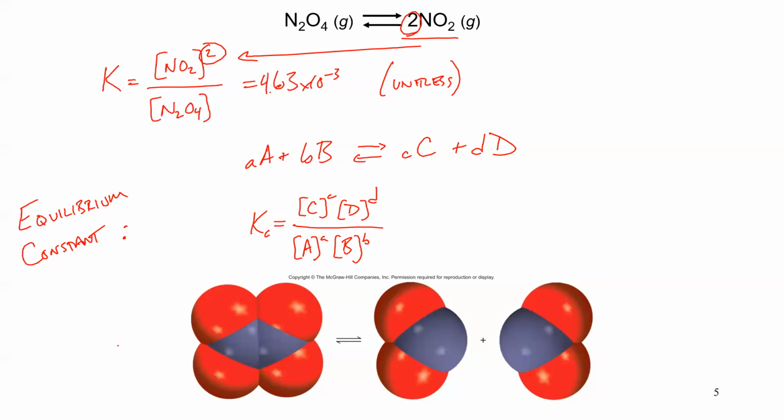All right, and so let's talk a little bit about what K really tells us. If K is much greater than 1, that means our numerator is large and our denominator is small. Since products are in the numerator and reactants in the denominator, that means we have lots of product and a little bit of reactant.